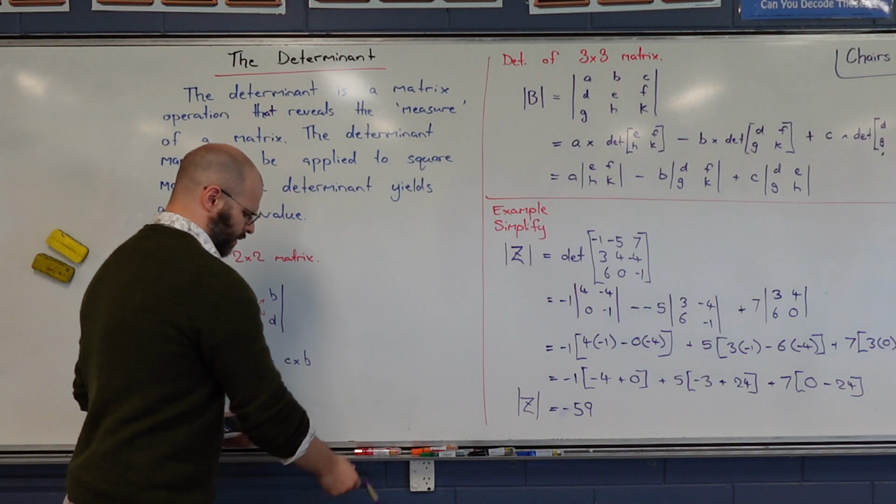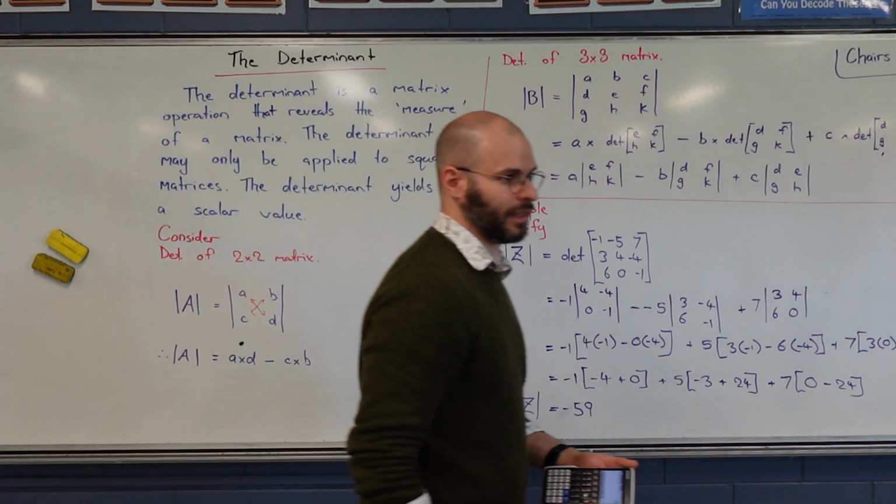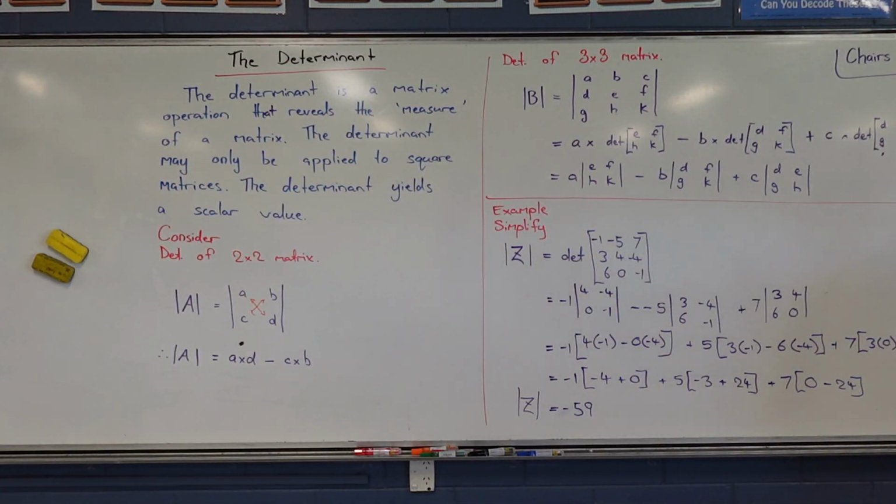So, effectively, that's how we calculate the determinant of a 3x3 matrix and a 2x2 matrix. Using those same operations, do you reckon we could do a 4x4? Yeah, you just follow the same steps.